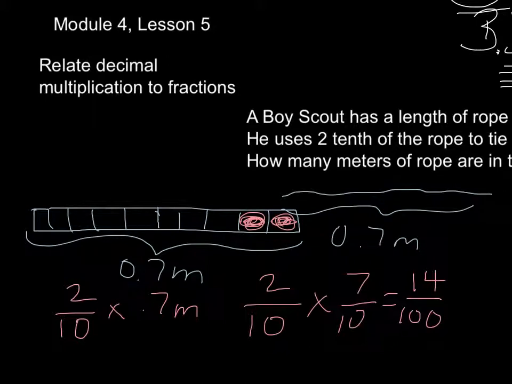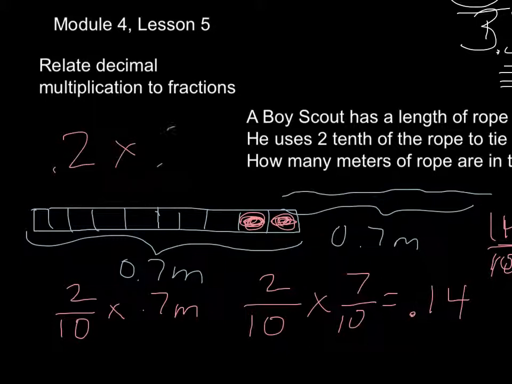Okay, now the important part. We'll write it again. 14/100. Now I know that I can write that as 14, and hundredths have how many decimal places? That's right, 2. And I could also think of it this way. 2/10 times 7/10.